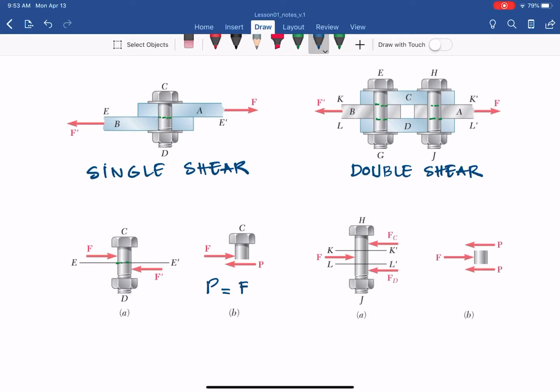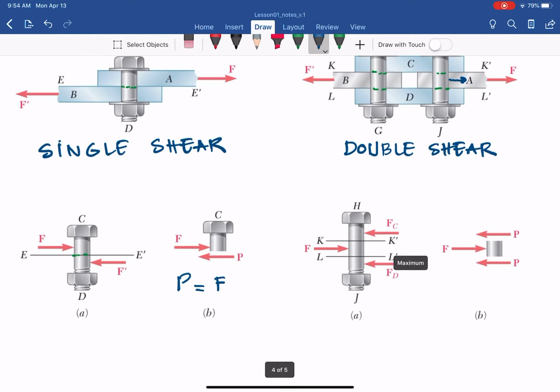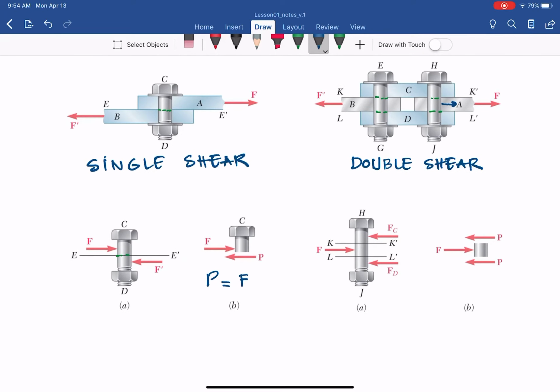For the double shear, if we consider the bolt HJ, for example, it is similar to EJ. So you have a force F going to the right on the member in the middle, and that goes back to the diagram and the free body diagram.